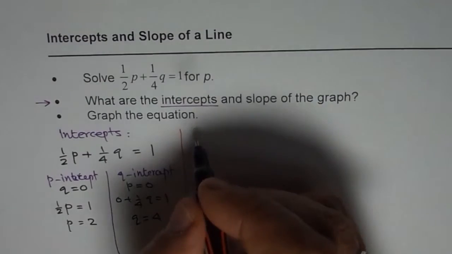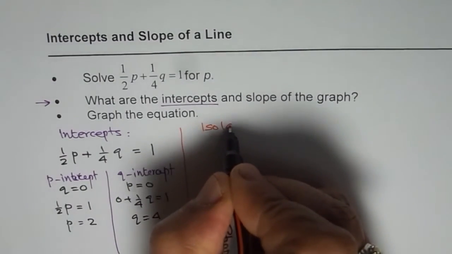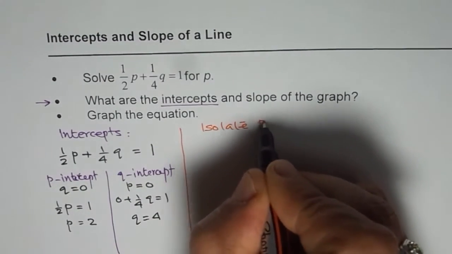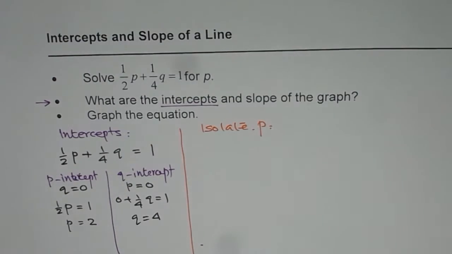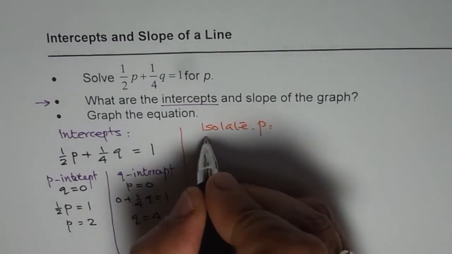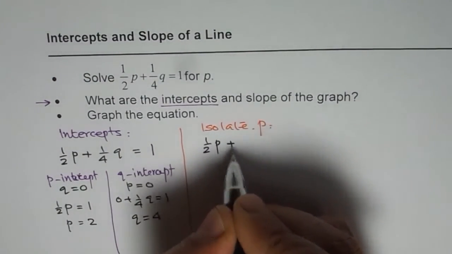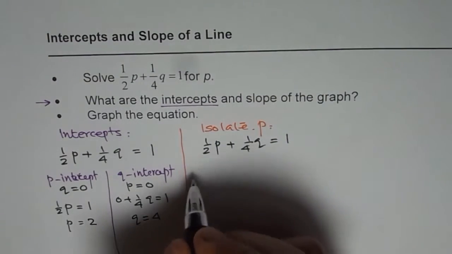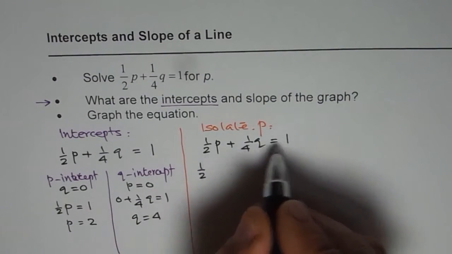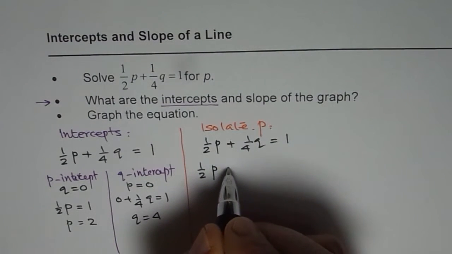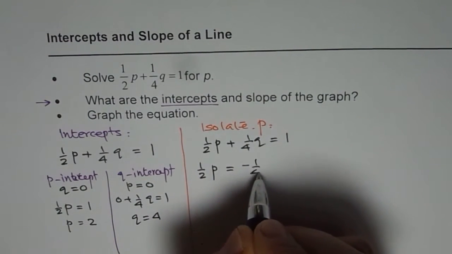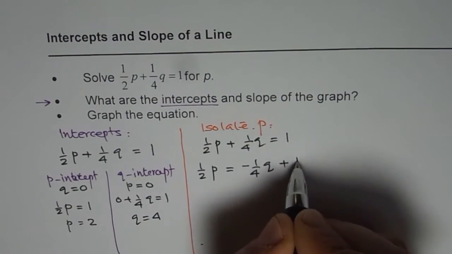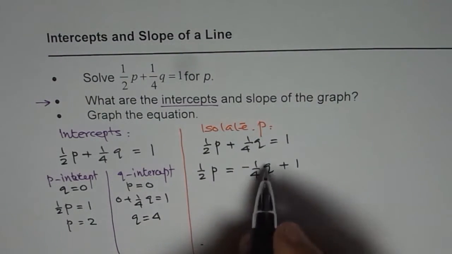Now let us isolate p. We are given the equation 1/2 p plus 1/4 of q equals 1. To isolate p, I'll take the other term to the right side. So we can write this as minus 1/4 of q plus 1. Now we can multiply by 2, right?